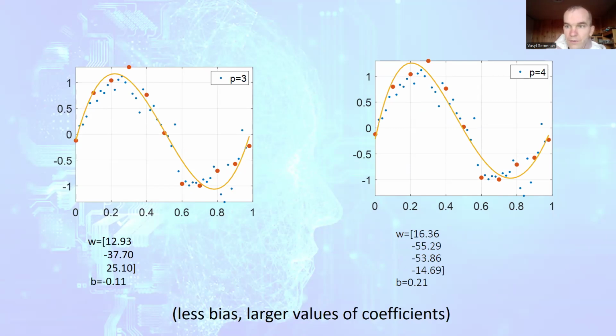Bias becomes definitely lower once we take approximation, for example, of third and fourth order. But I want you to take notice that the coefficients w start to grow in magnitude. Yes, you can observe already w for p reaching 55, minus 55, minus 53.